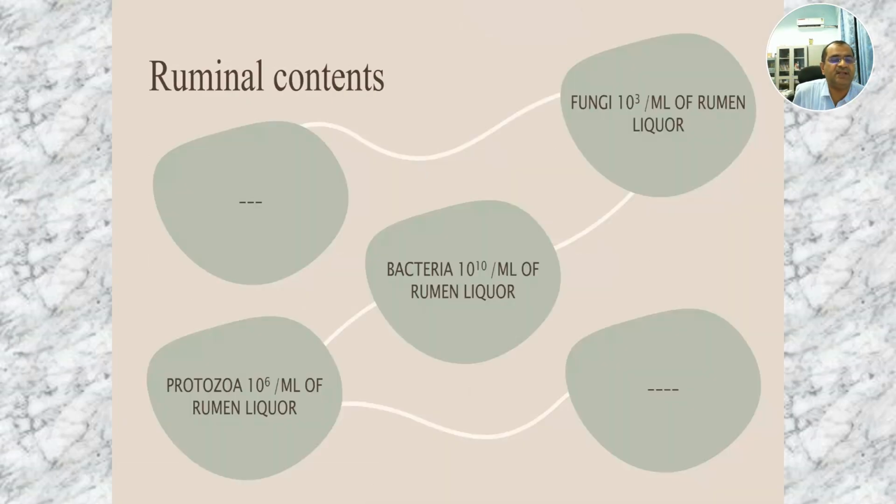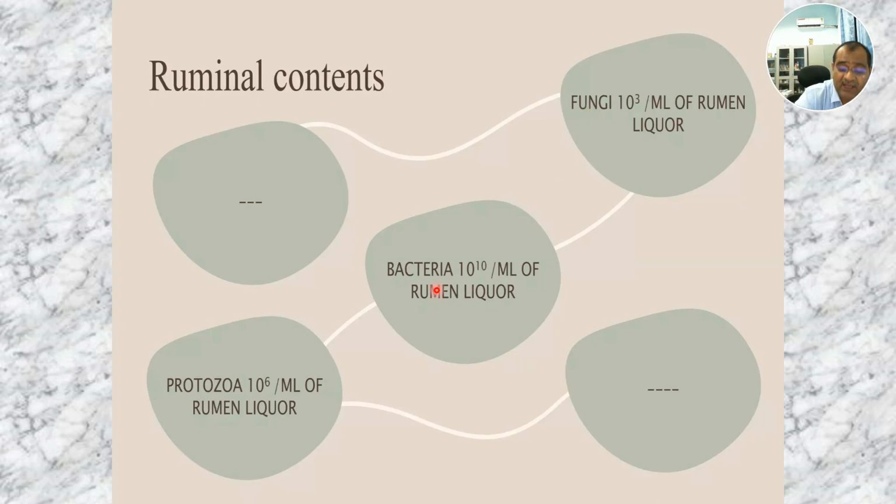Ruminal contents always contain a huge quantity of bacteria, fungi, and protozoa. The fungi, as you know, number about 10 raised to 3, that is 1000 per ml of ruminal liquor, and they are the least.